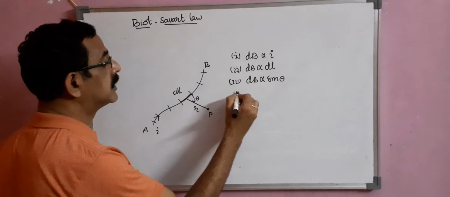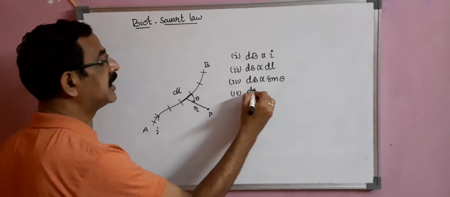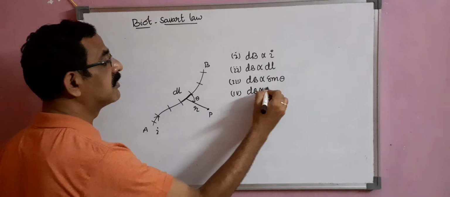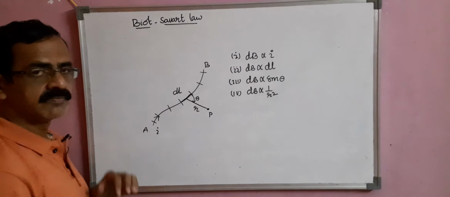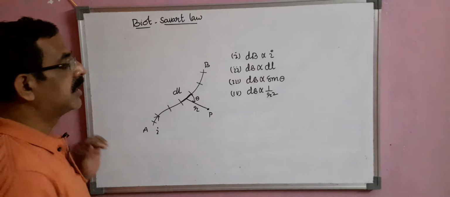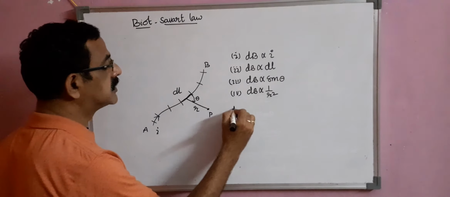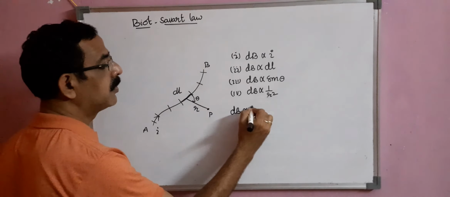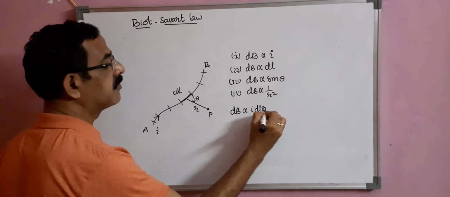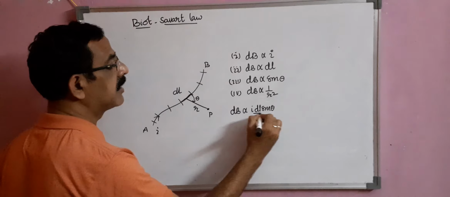And the fourth one is that this magnetic field is inversely proportional to the square of the distance. Now by combining all these, we can write that dB is proportional to I dl sin theta by r square.